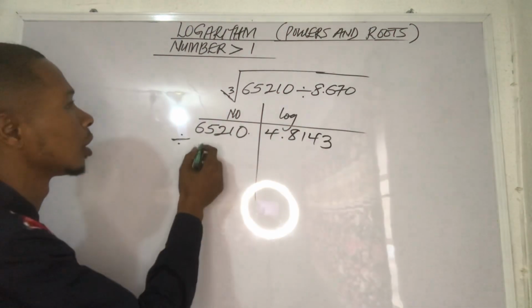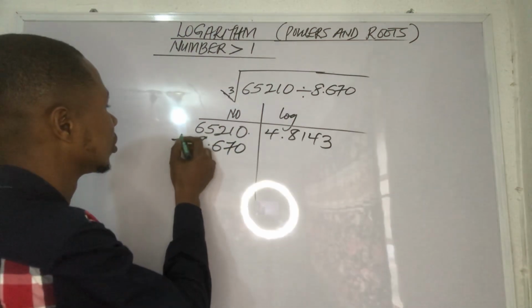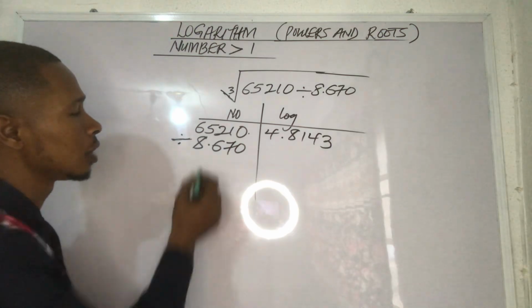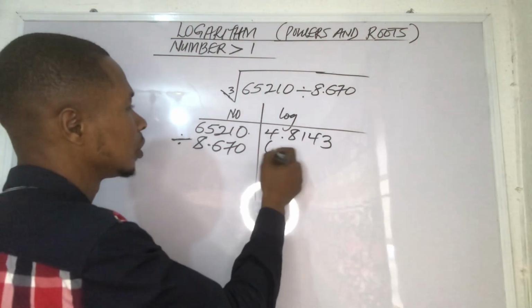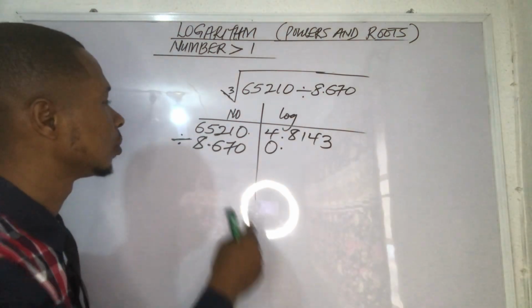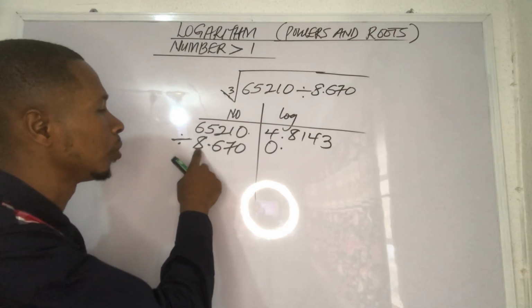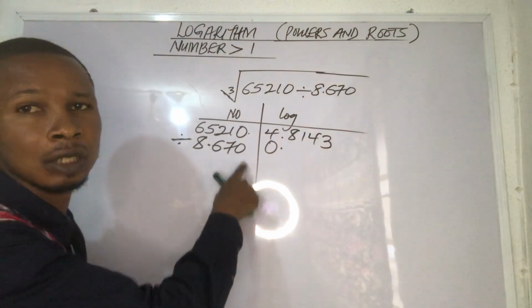Divided by 8.670. Since the point is already in front of the first non-zero digit, the characteristics will be 0. Then you have points. Then look up your four-figure table. You look up 86 under 7, no difference, because there is no difference.